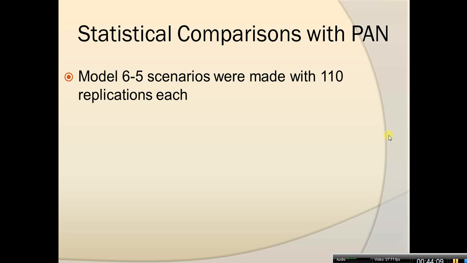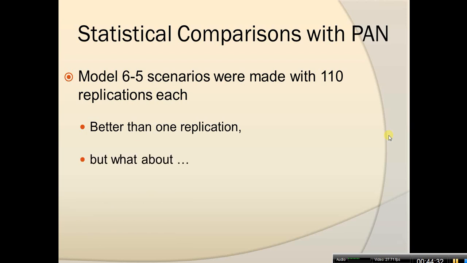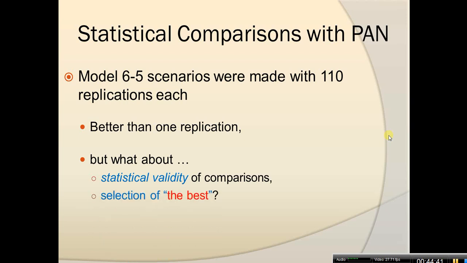So after running each scenario, for each scenario we got 110 values of total cost, and also 110 values of percent rejected. And again, this is much better than just looking at the single replication. But we also need to be able to compare these scenarios using statistically valid decisions.